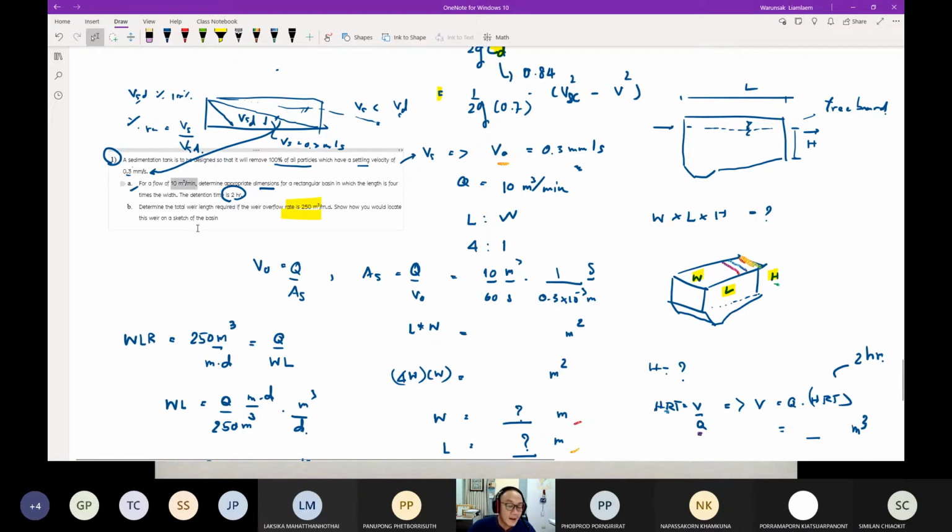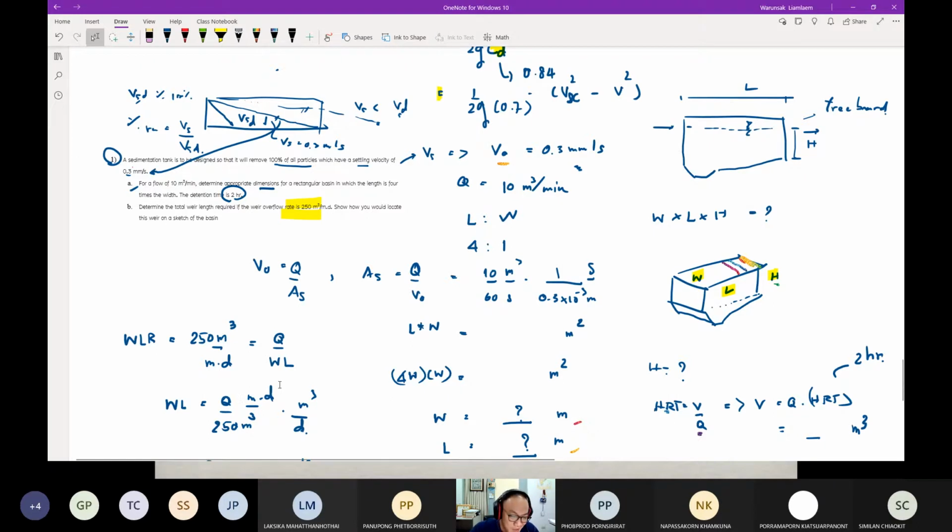The value is already given, and the criterion is 250, so you can find out the weir length, which is equal to the flow rate divided by 250 cubic meters per day per meter.